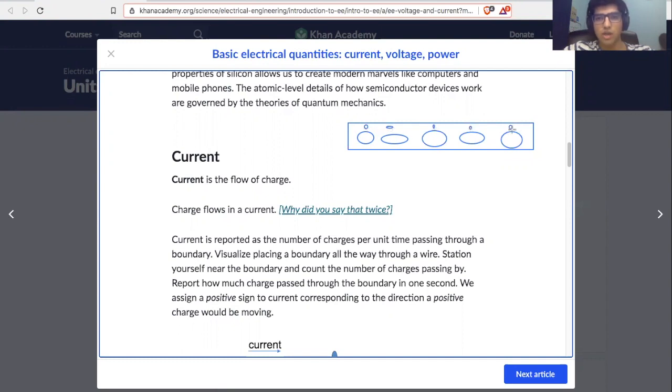When you apply a force, just like how gravity applies a force, you're going to notice that all these charges move with that force. They all feel the force and have a motion this way. The motion of charge, or the movement of charge, is what gives rise to current.